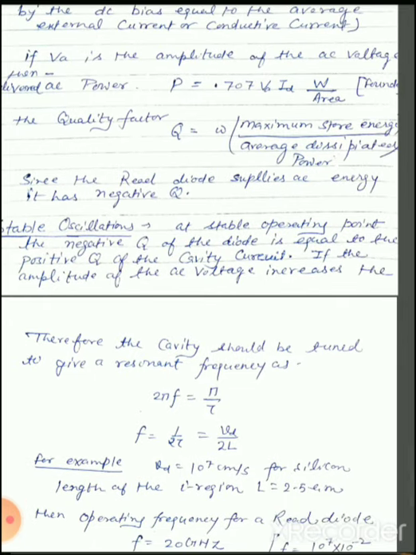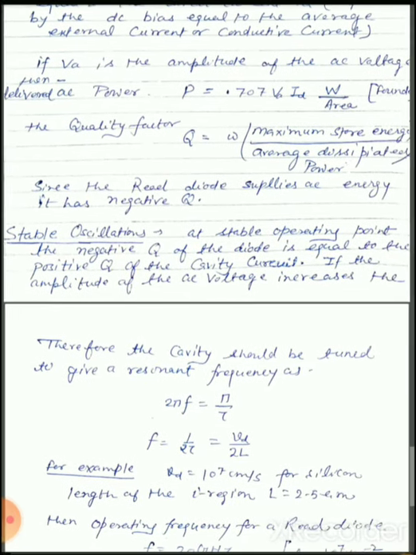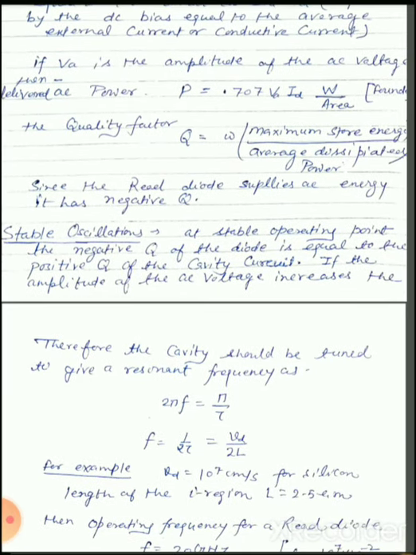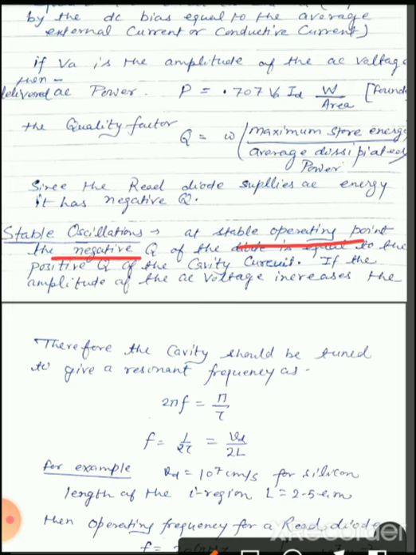So for stable oscillation in the Read diode, at the stable operating point, the negative Q of the diode is equal to the positive Q of the cavity circuit.